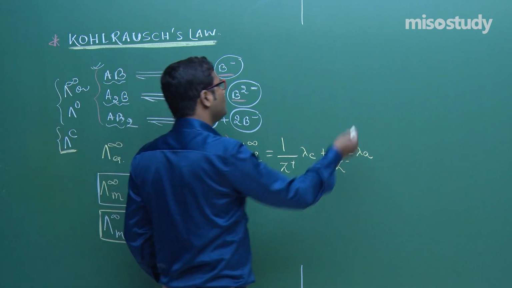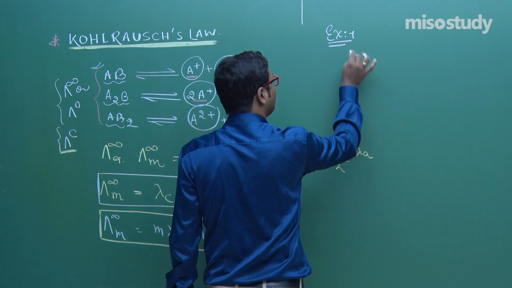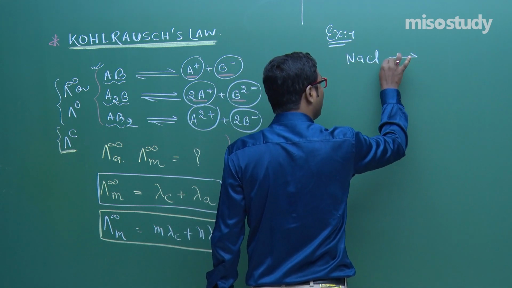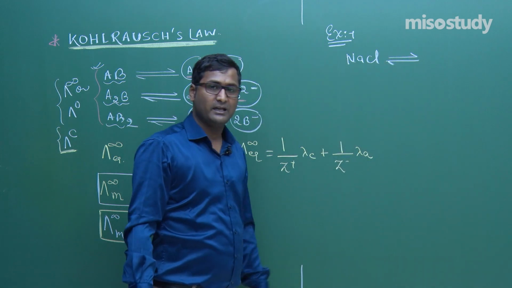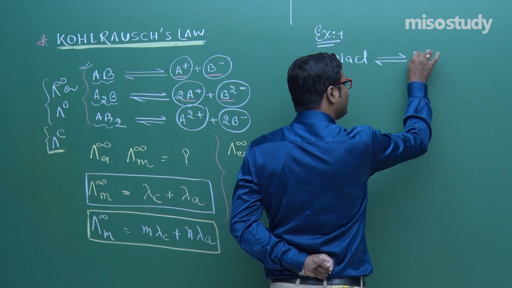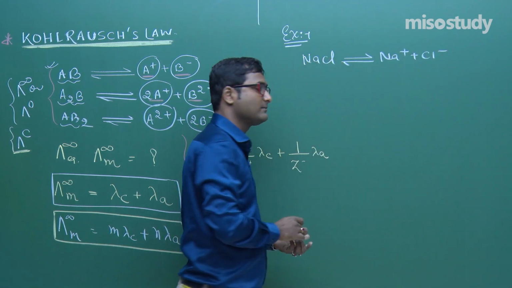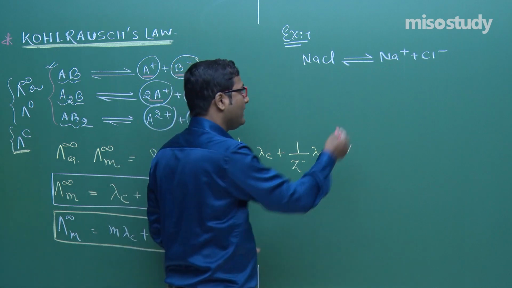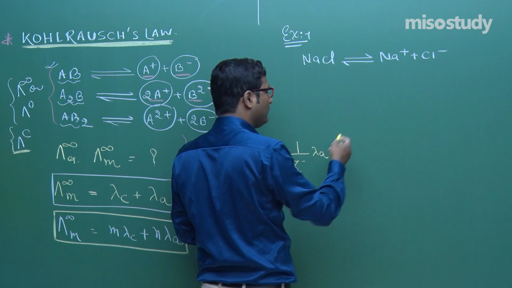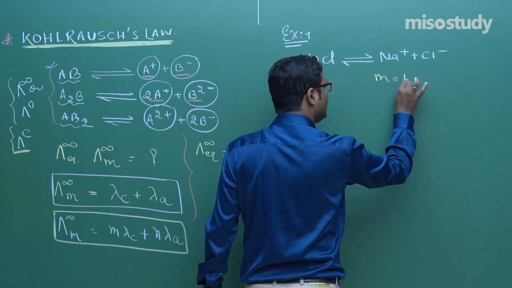Now we will do a few examples so that you can easily understand the topic. Suppose I write here NaCl, my friend. What will happen? It will dissociate like this, Na plus and Cl minus. Here the value is 1, so the value of m is equal to 1.